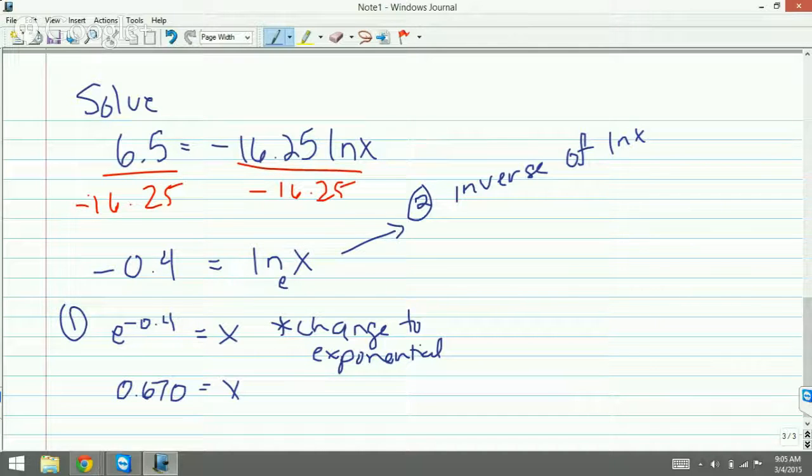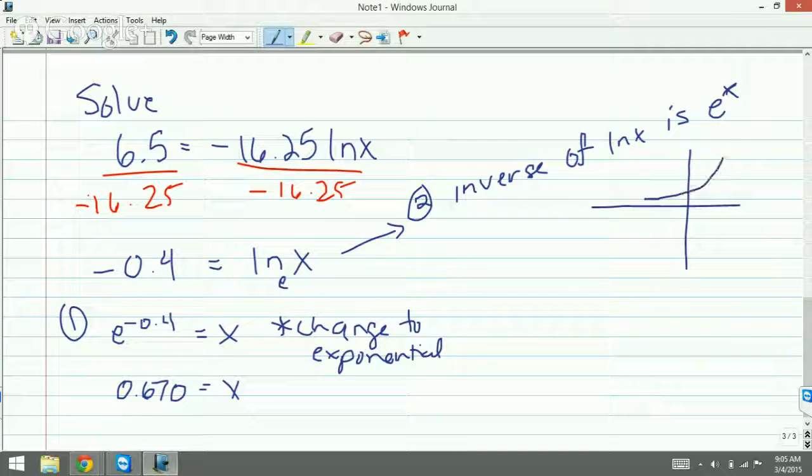So the inverse is the exponential e to the x. Those are inverses. If I look at the graph, here's e to the x. Here's natural log x. They are reflected over that line there. So we can use that to solve this equation if we want.